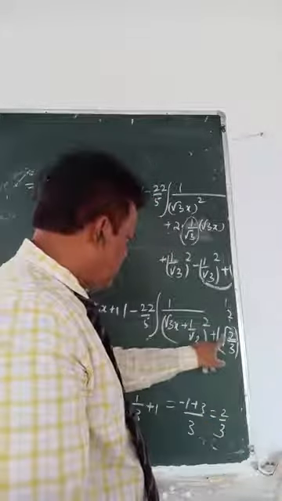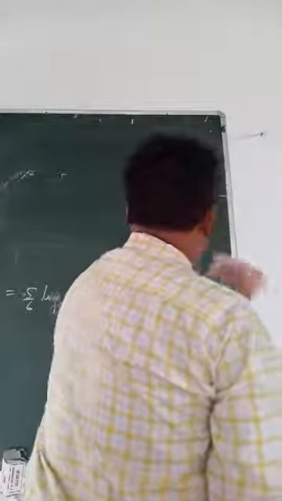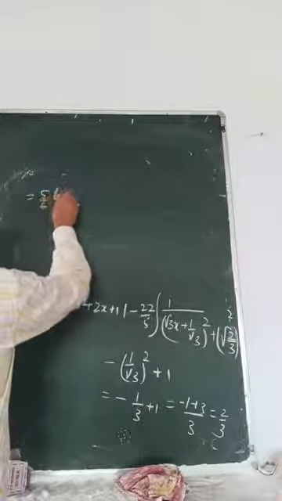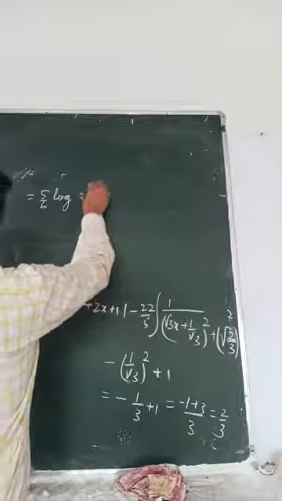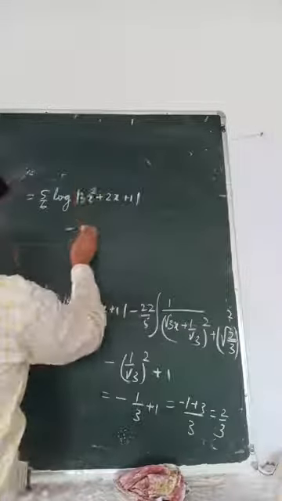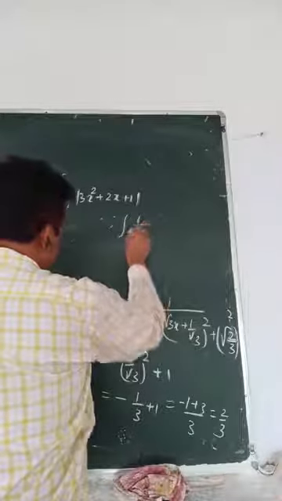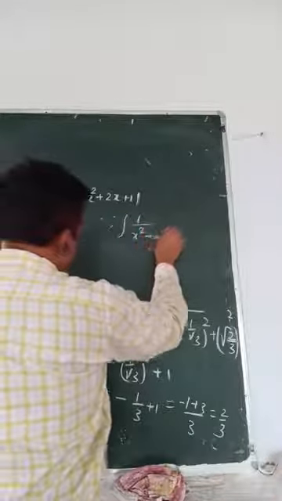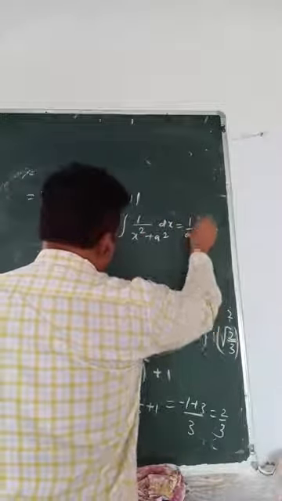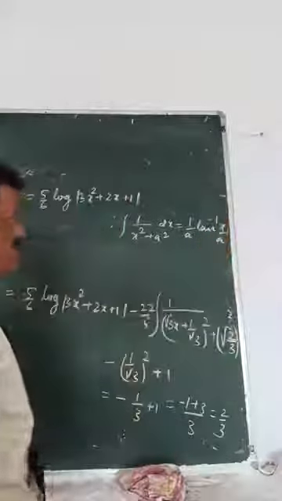So now this is which formula? Check. Which is 5 by 6 log 3x square plus 2x plus 1 minus, since you can write integration of 1 by x square plus a square is 1 by a tan inverse x by a. This is the formula.